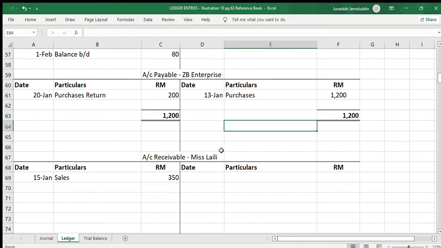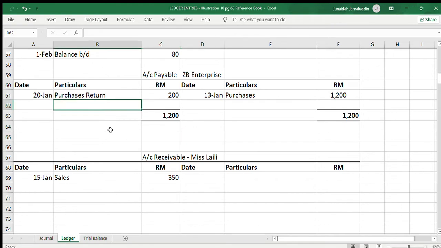Alright. So, kita tengok dia punya difference. Belah yang kurang adalah di sebelah debit, kan? Sebab belah debit ni kita ada 200 saja. So untuk nak dapatkan 1,200, kita kena tambah lagi 1,000.